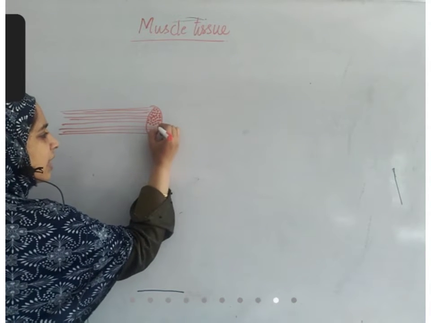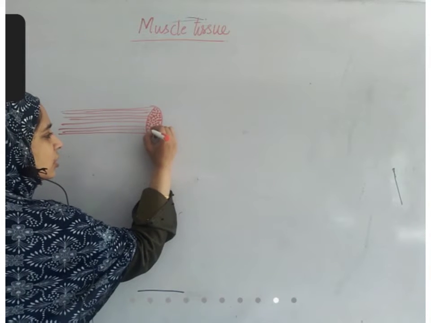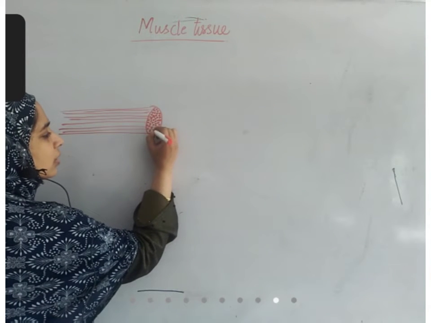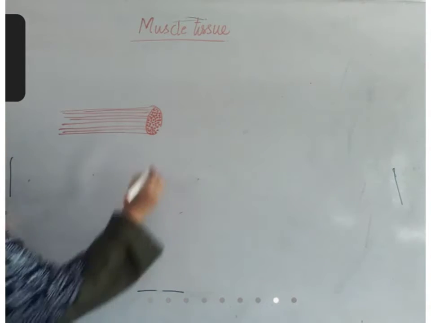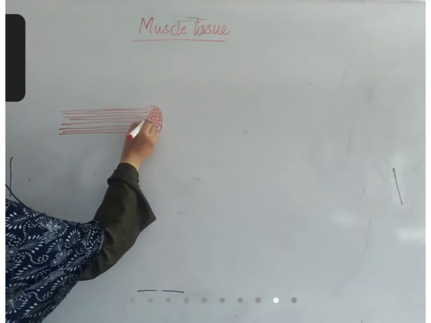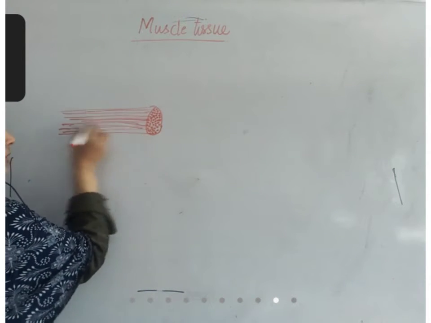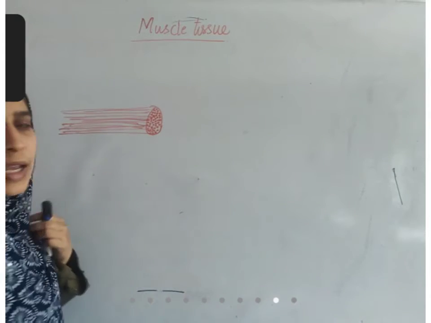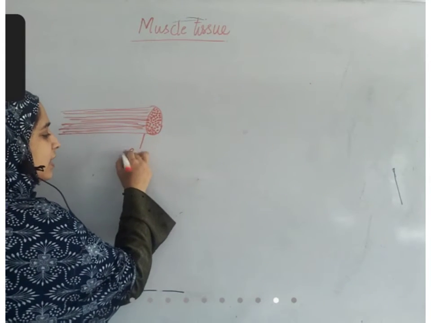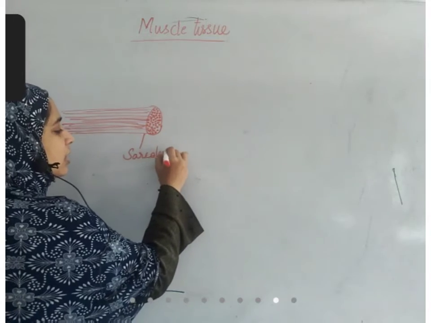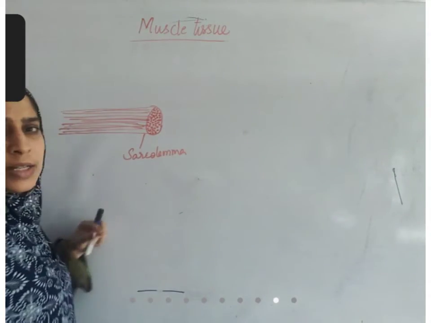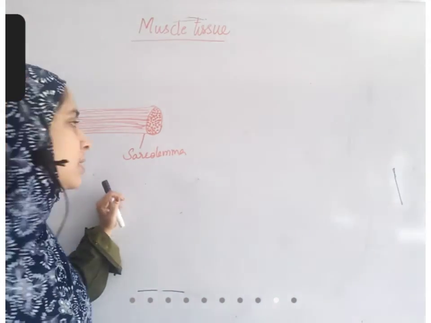Around this bundle, sarcolemma is present. In this, each one is one fiber. So many fibers are present here. This is one bundle. Here sarcolemma is present. Like this, some bundles of fibers will form the muscles.